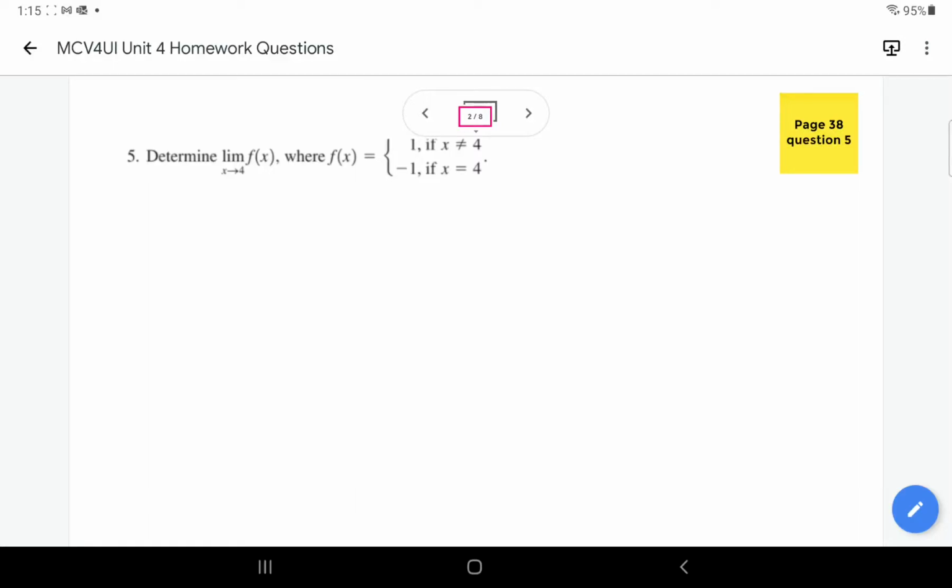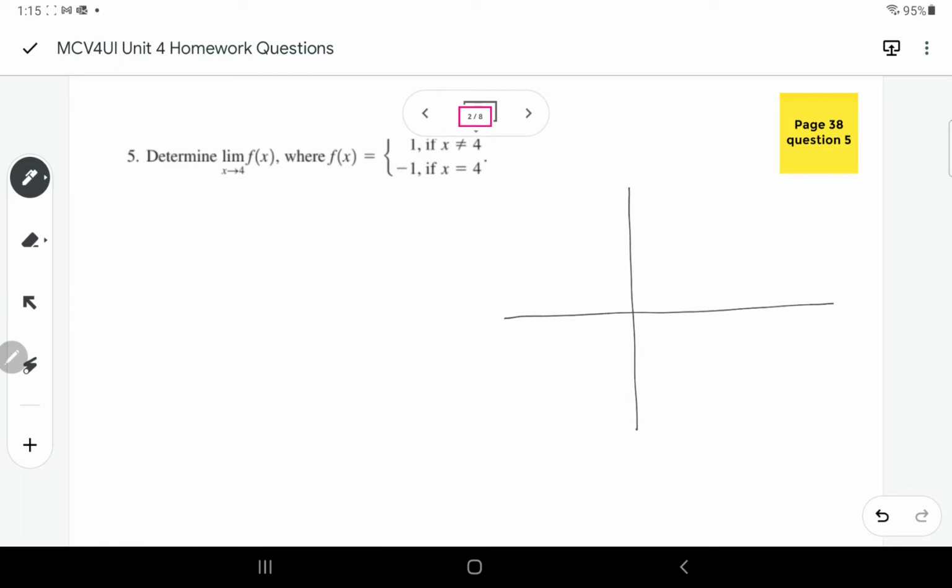So page 38, number 5, we want to find the limit as x approaches 4 of this function. Because it's a piecewise function, I think people typically have an easier time of this if you graph it.